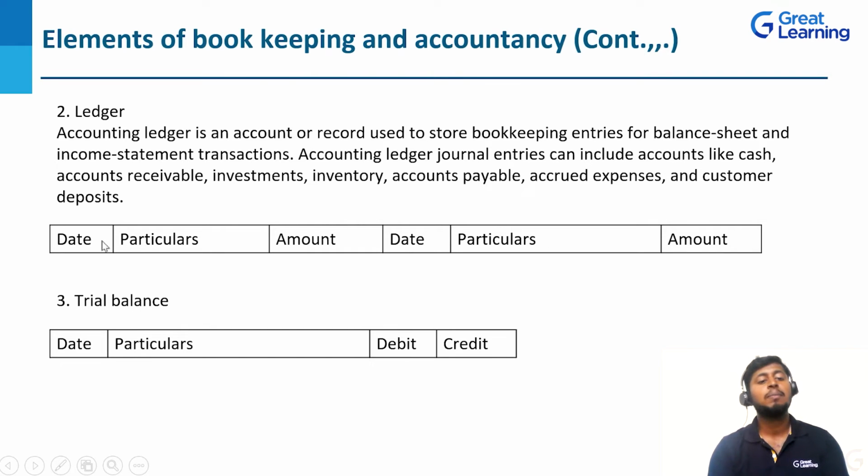This is the format for the ledger account: date, particulars, amount, date, particulars, amount. This is the debit side and this is the credit side. On the top of this, we are going to write cash account. For example, if we are maintaining investments account or inventory account or accounts payable, accounts receivable, like that individual accounts we are going to maintain in the ledger account.